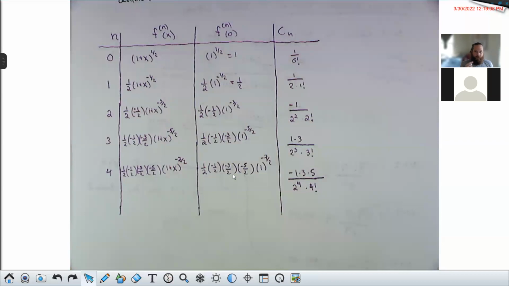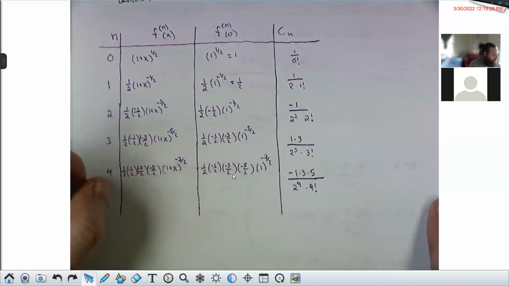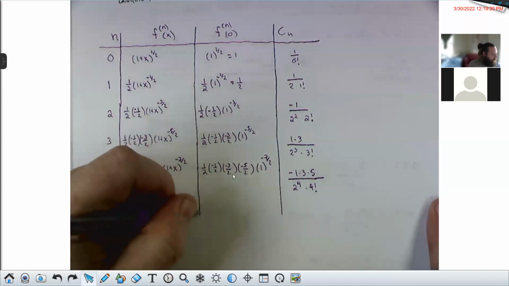What we see is a kind of strange product forming upstairs. It's one of these, you saw them when we talked about the ratio test. It's not a factorial. It's kind of like a factorial, but it's missing terms. It's just got the odd stuff in there. I'll do one more, and then we're going to go hunting for the pattern.